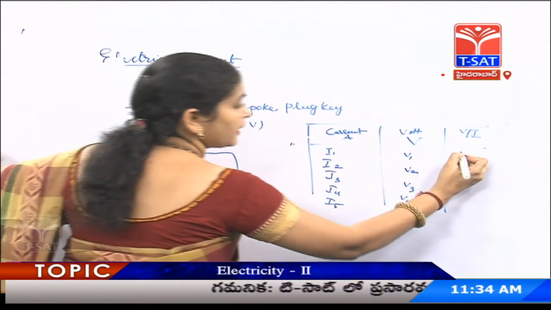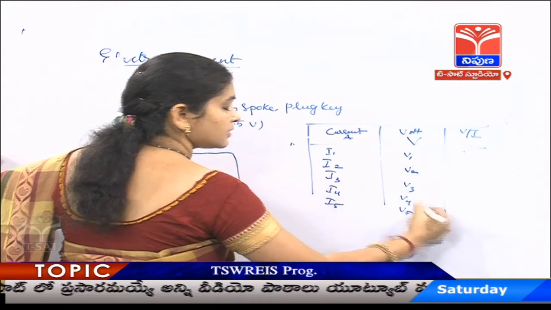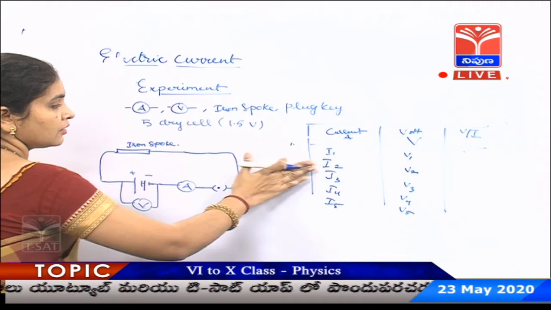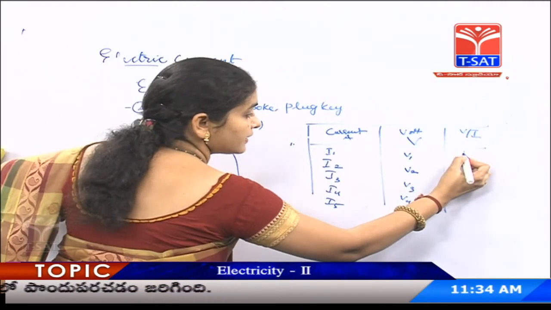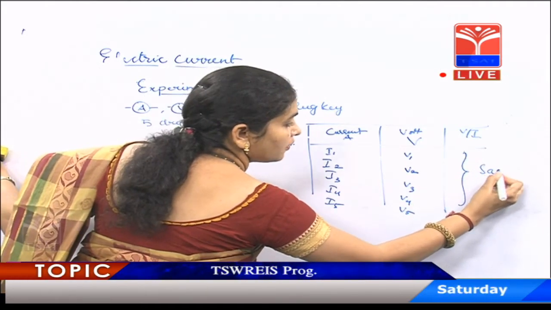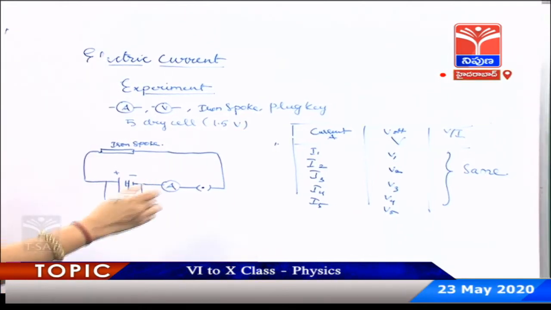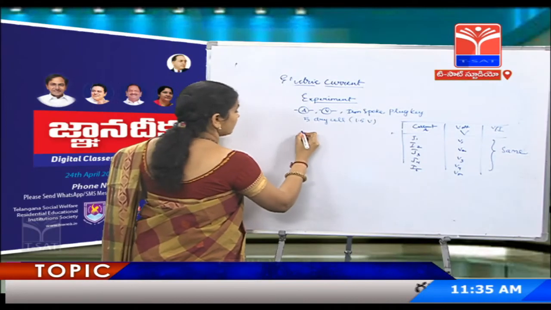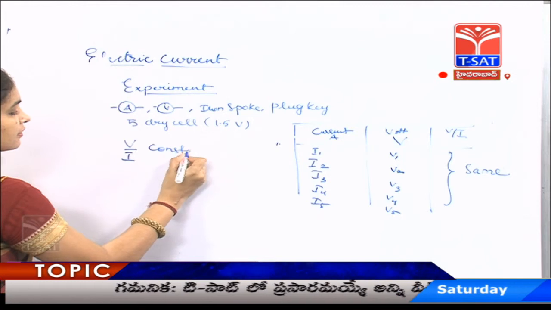Find the V by I ratio for all the cases. What we find is that the values in the last column are almost the same. We understand that V by I is constant.